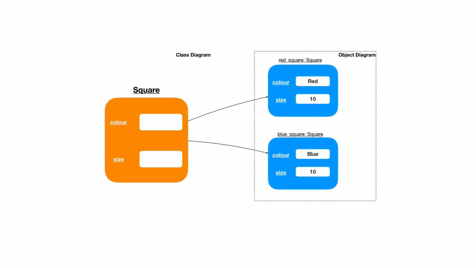So when we create a new square, the object will automatically have those variables or attributes, and the values of these are stored in the object. What this means is that we can always be sure that every object is independent, and if one is deleted, the other is not.